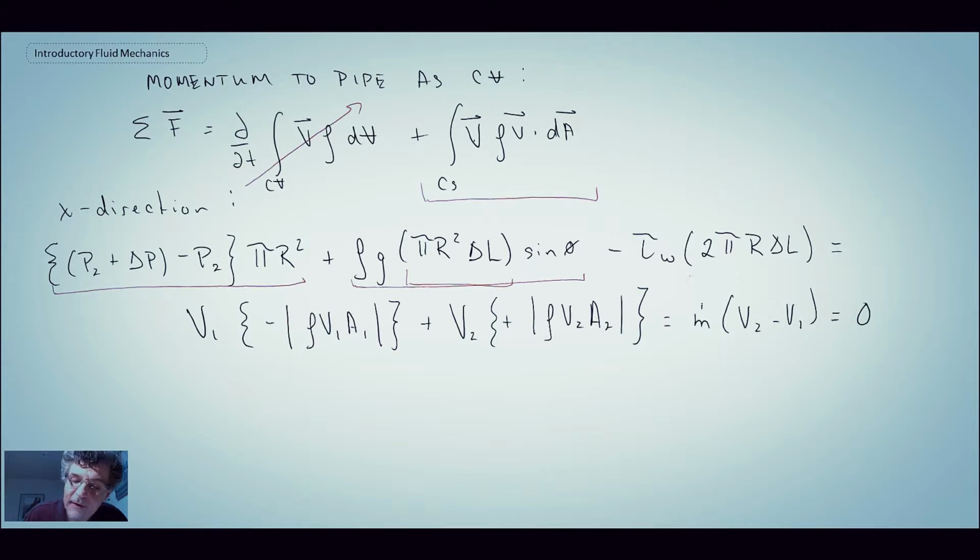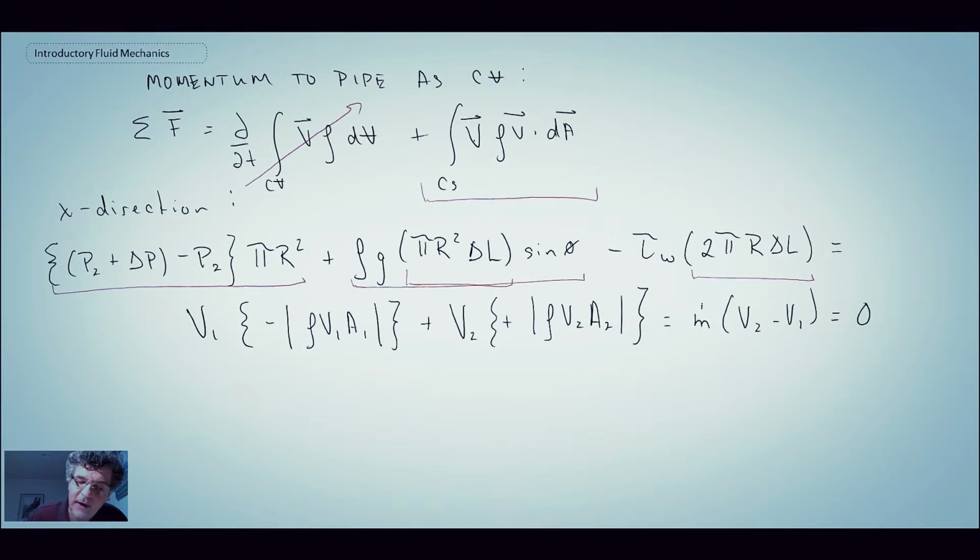And then finally we have shear stress, and that is multiplied by the circumference of the pipe cross-section multiplied by the length delta L. And the shear force is going in the opposite direction from either the body force or the pressure.